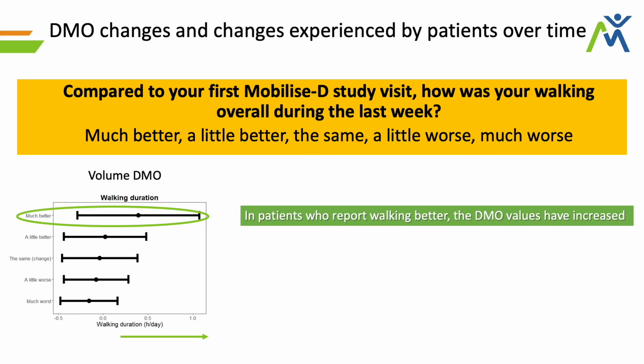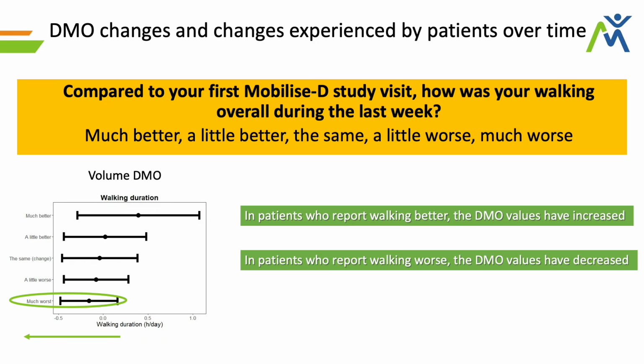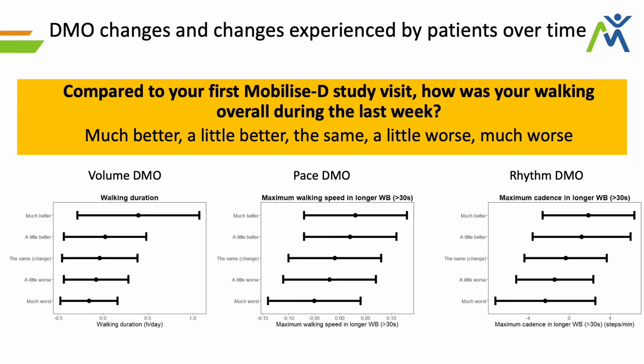And we observe that in patients who report that their walking has been better during these 12 months, walking duration actually increased. And in the patients that reported that walking was worse, walking duration had decreased. And there is a kind of dose response here. And this also was observed for other DMOs. So this is walking speed and cadence.